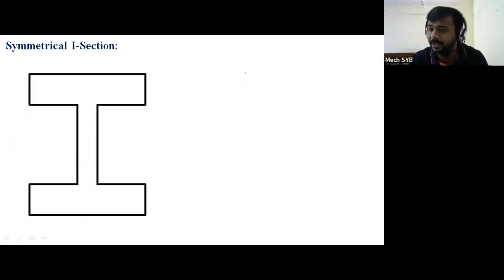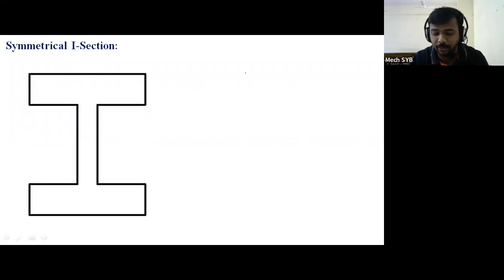Therefore, we directly took y bar equal to capital D divided by 2, where the vertical distance is represented by capital D, because the sections are symmetrical about the x axis.